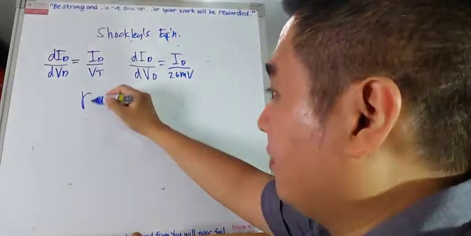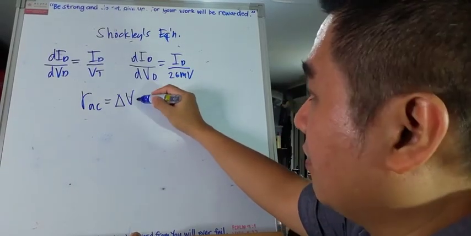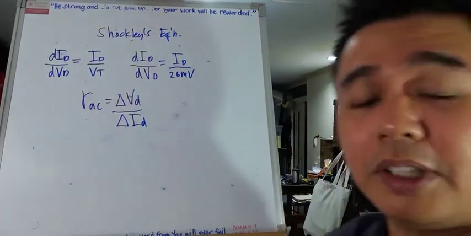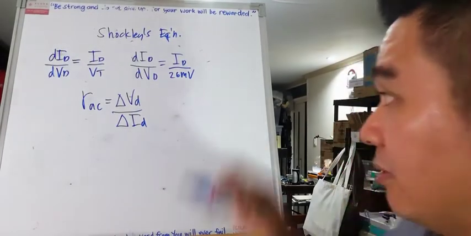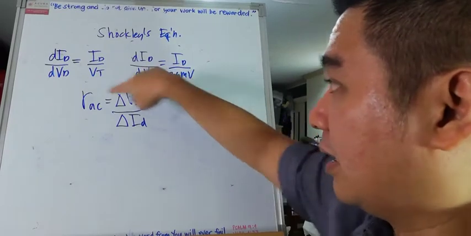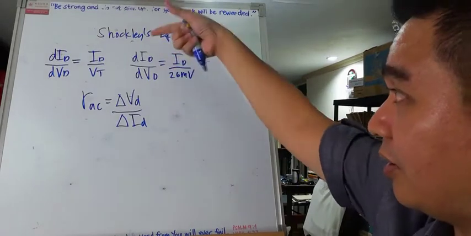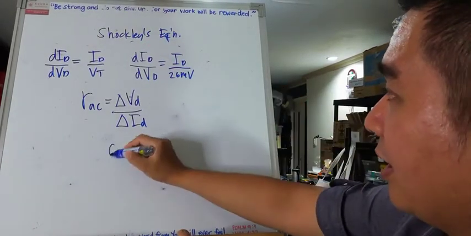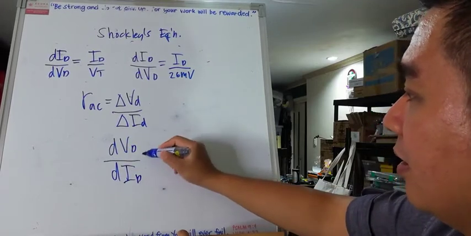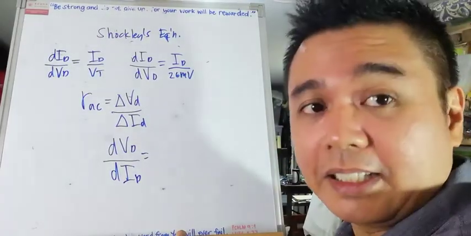Remember kanina, we have RAC that is equal to the derivative or the change in V sub D with respect to the change in I sub D. So, kung mapapansin nyo dito, inverse lang itong dalawang term na nakikita natin. So, ang gagawin natin, i-flip natin ganyan. So, we have the derivative of VD with respect to the derivative of ID. Binaliktad natin yung left-hand side, therefore, babaliktarin din natin yung ating right-hand side.